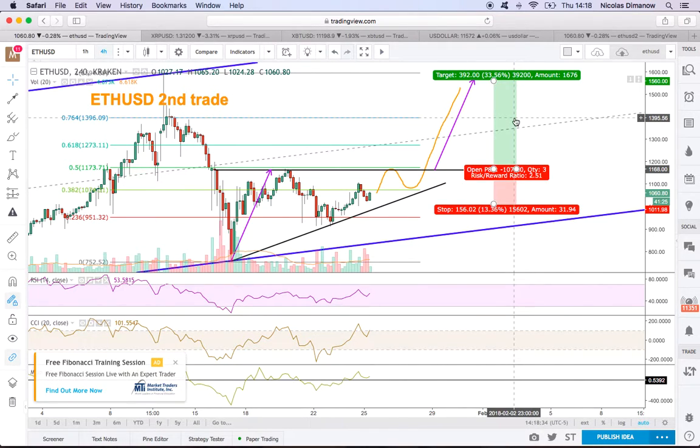So that would give us a nice 33% return on investment for a possible 13% loss if the thing goes haywire.